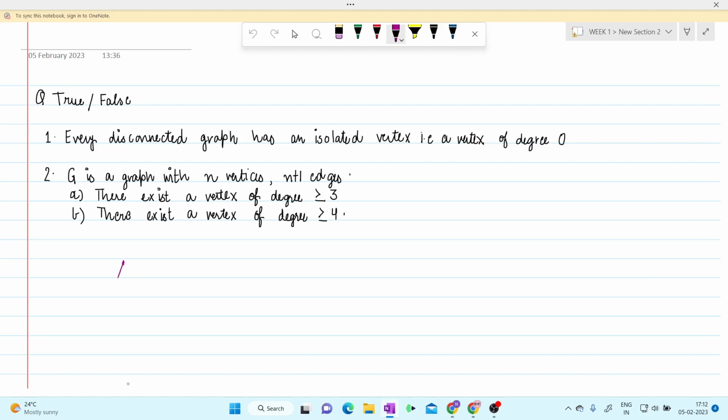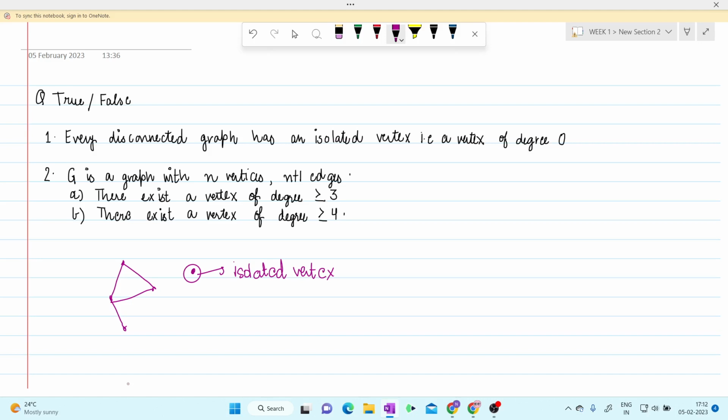Suppose you have this graph, this vertex is a vertex of degree 0, so this is an isolated vertex. Now the statement says that every disconnected graph has an isolated vertex. So what do you think? Is it true or false?